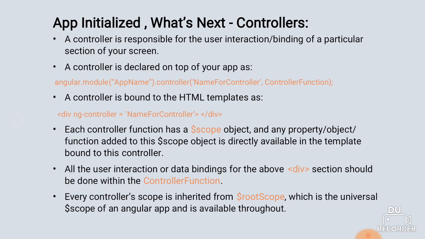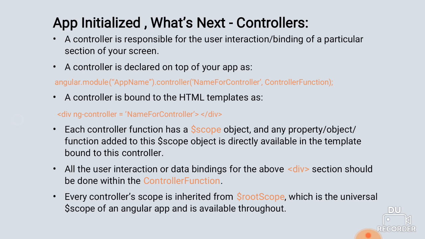If you are seeing something on your screen, all the bindings, all the variables that are declared in that screen, or all the text, all the data that is being populated on that screen, is controlled by a file which is known as a controller in the application. So the component of Angular that does the data binding or the data retrieving from the screen part, from the UI, from the user interaction, is known as the controller.